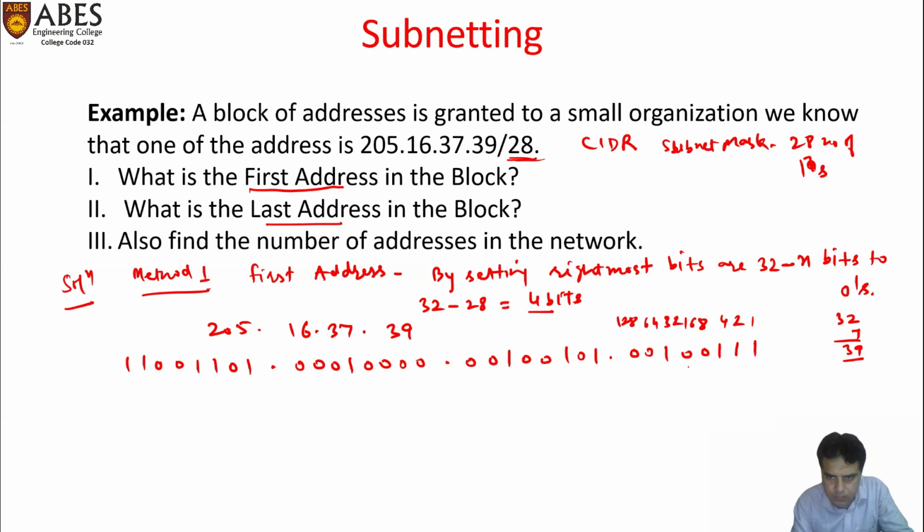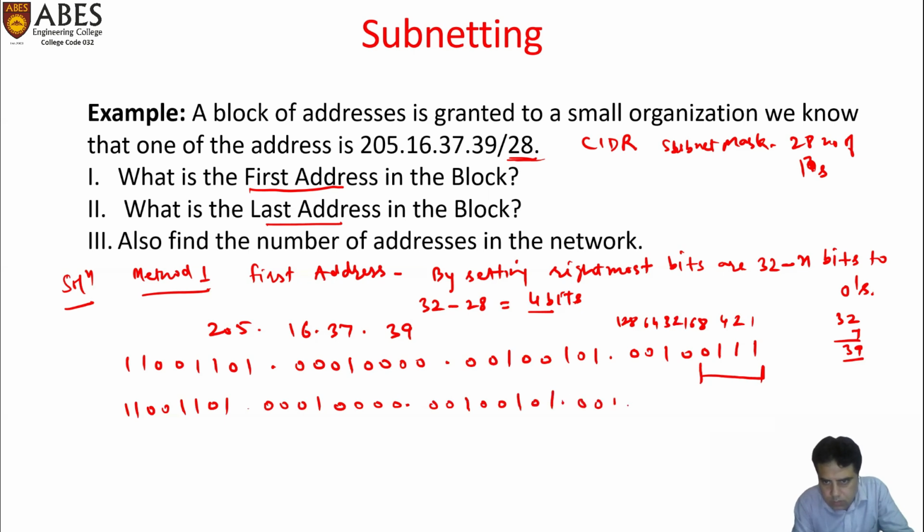Now we have to set the four rightmost bits to zeros. Now the address is 11001101 dot 00010000 dot 00100101 dot 00100000, with the rightmost four bits set to zeros.